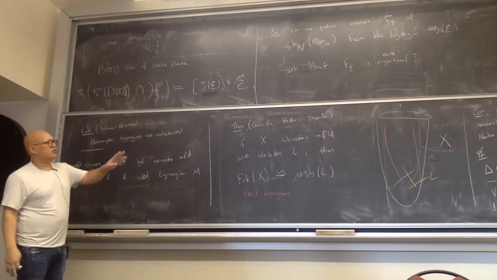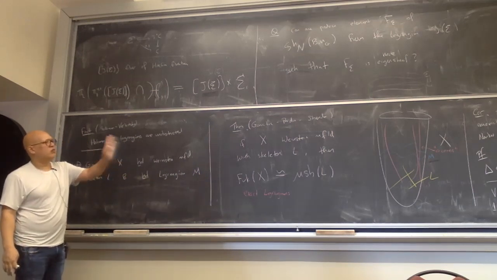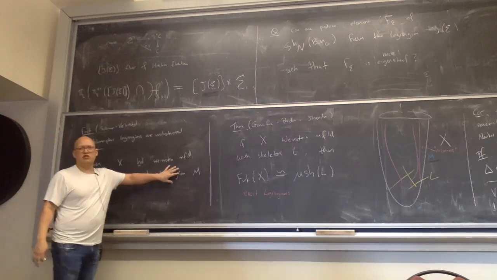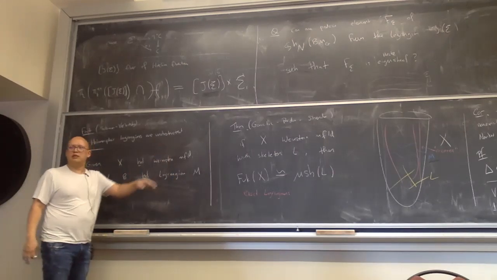Strictly speaking, I don't really know how to wrap Lagrangians which are not conic, so let's restrict to compact Lagrangians, which is all I care about anyway for this Hitchin business.